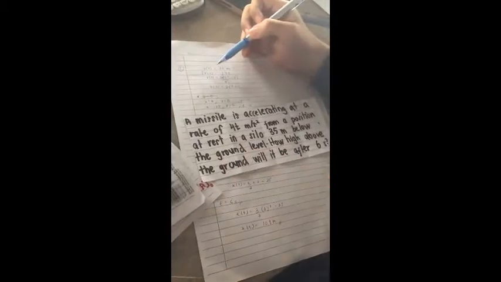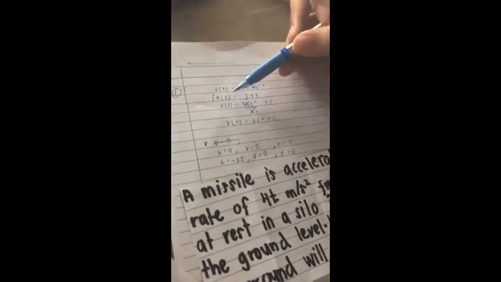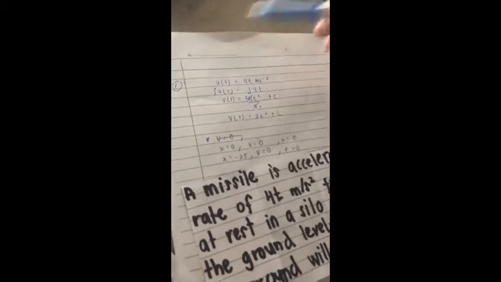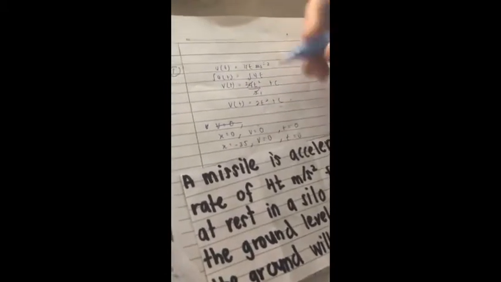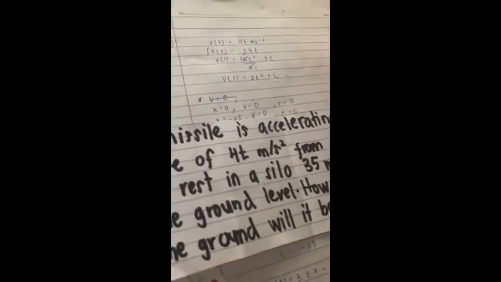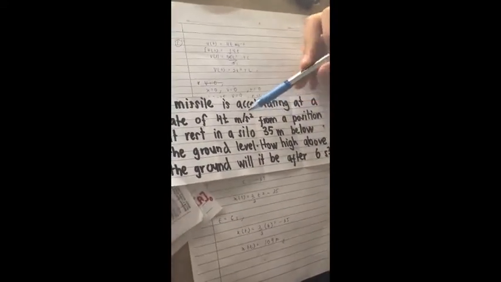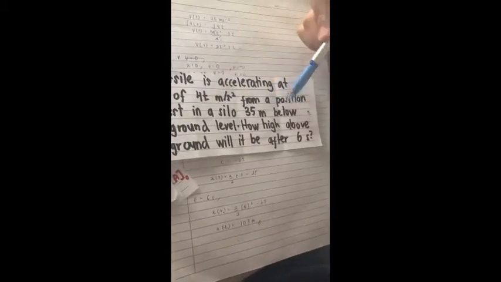So I put this equation and I integrate it, becoming velocity in terms of t. So I get this equation, but I got a constant c. The next paragraph states that from a position at rest in a silo 35 meters below the ground level.